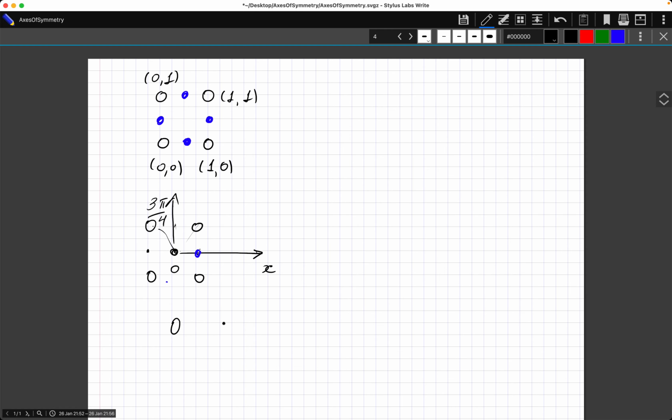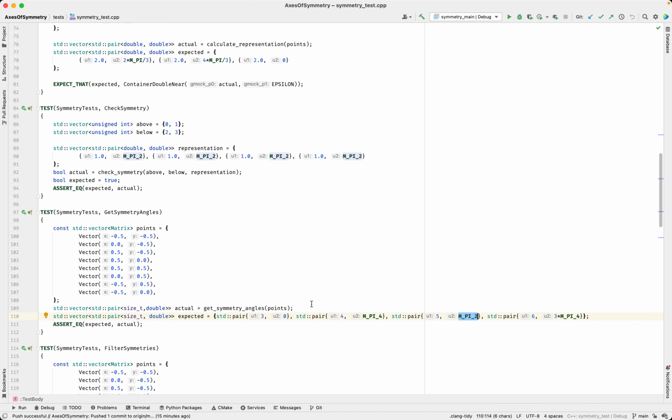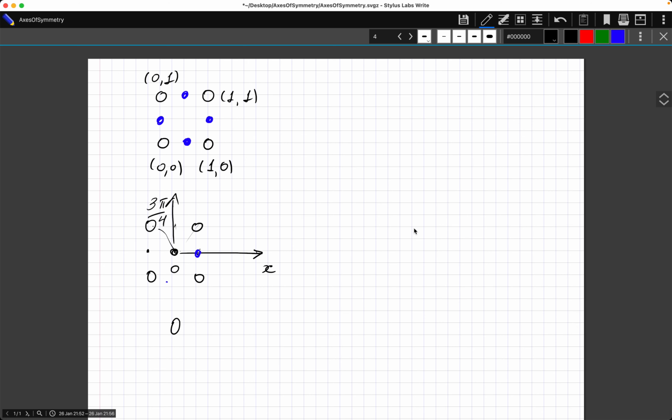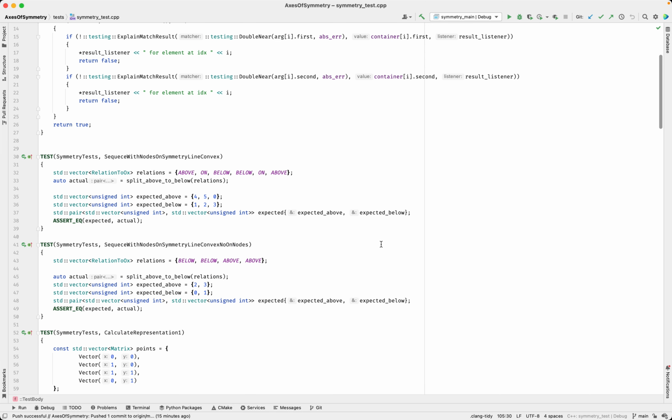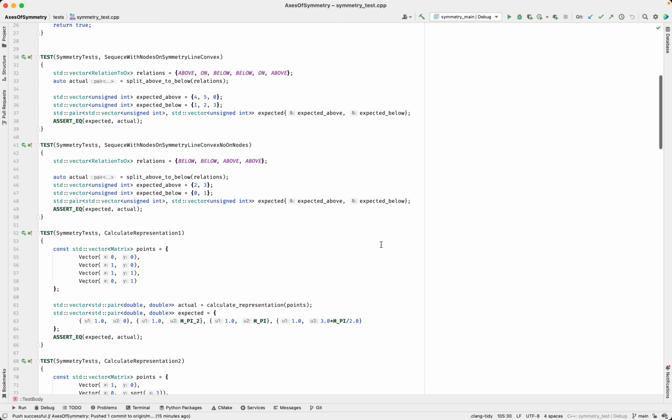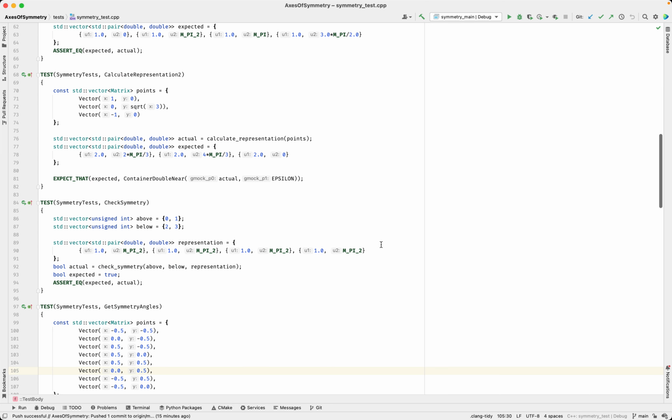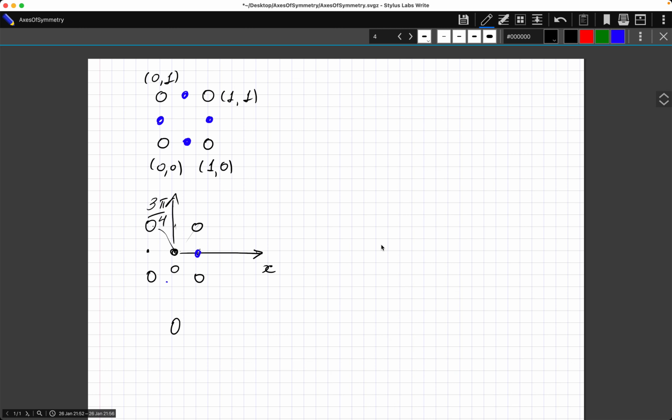After that, we need to figure out how to check the symmetry itself. And for this we need the so-called D and alpha representation.